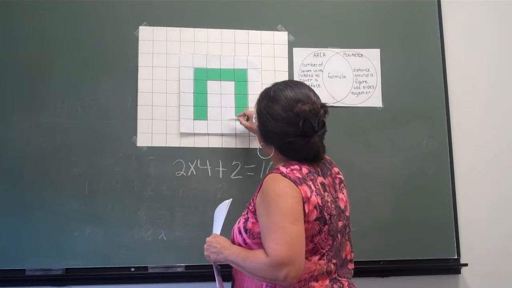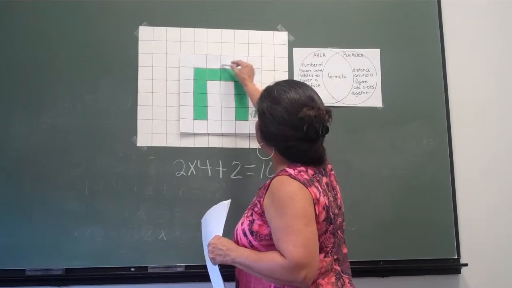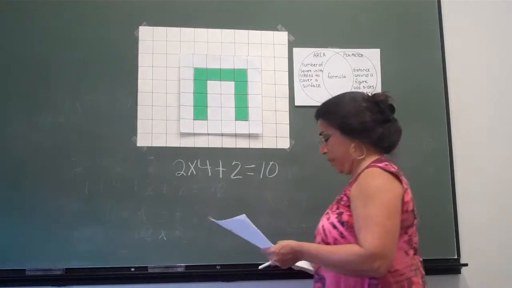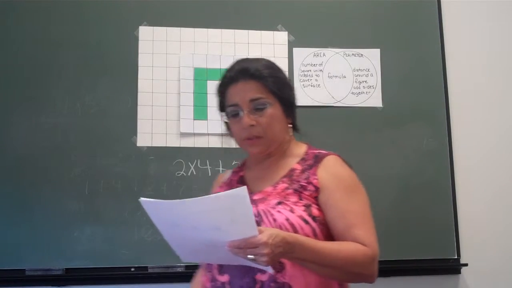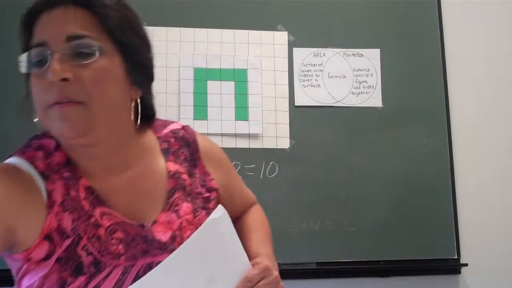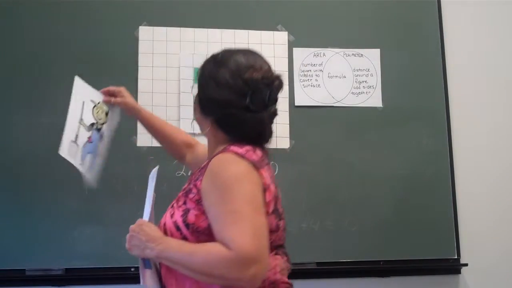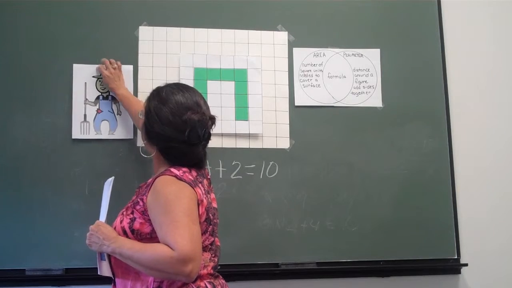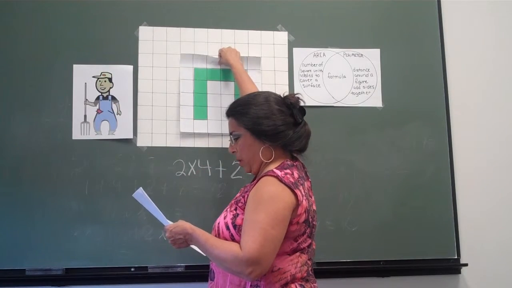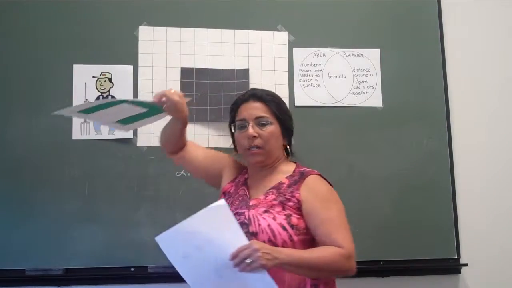Now the perimeter would be all these squares. They go completely around and on the inside of the shape. And we would have to number those. Now, I have a Farmer Brown. See my Farmer Brown? And he wants to plant a garden.